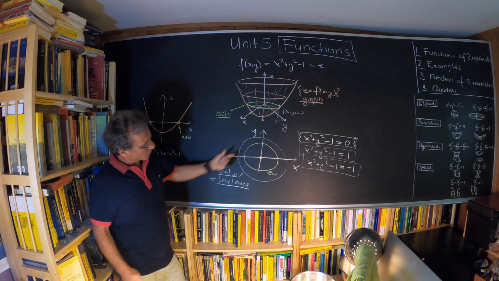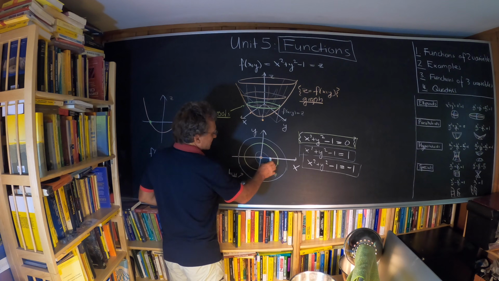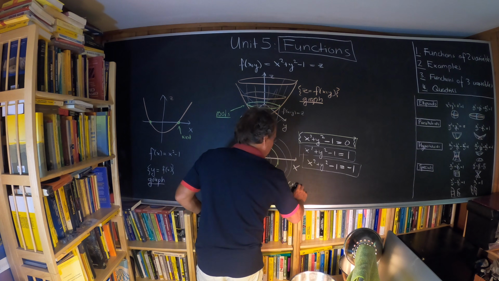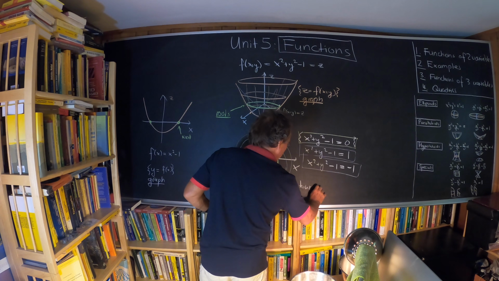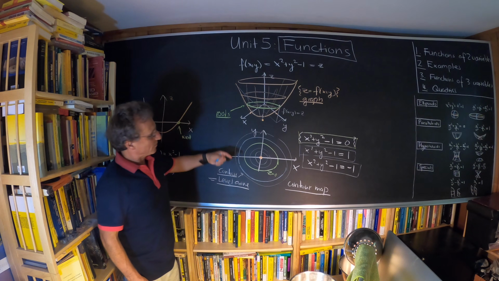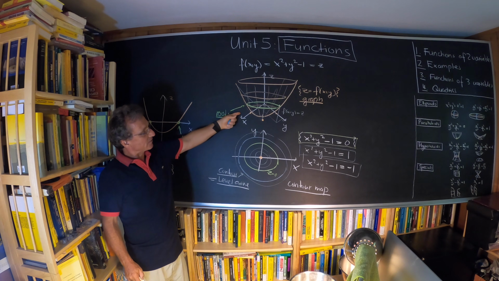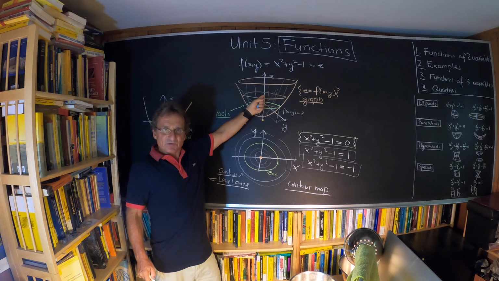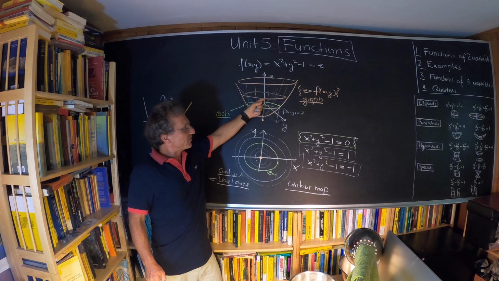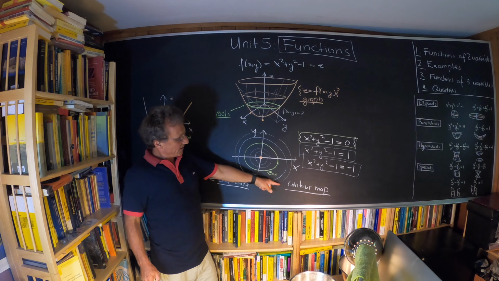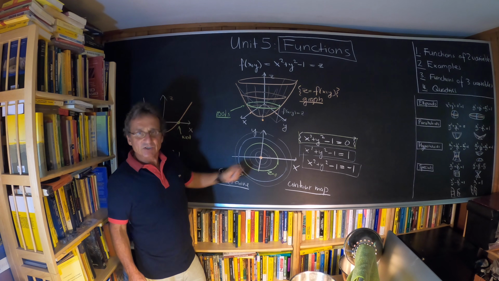And if we draw all these level curves, they're all circles. So what we get is the contour map. So these are the two ways how we can visualize the function. This function here was visualized as a graph, as a three-dimensional surface, or just a bunch of curves in 2D.